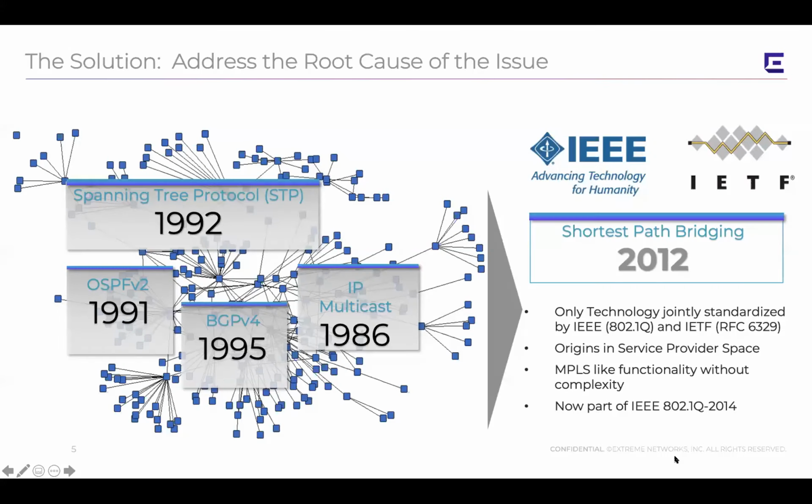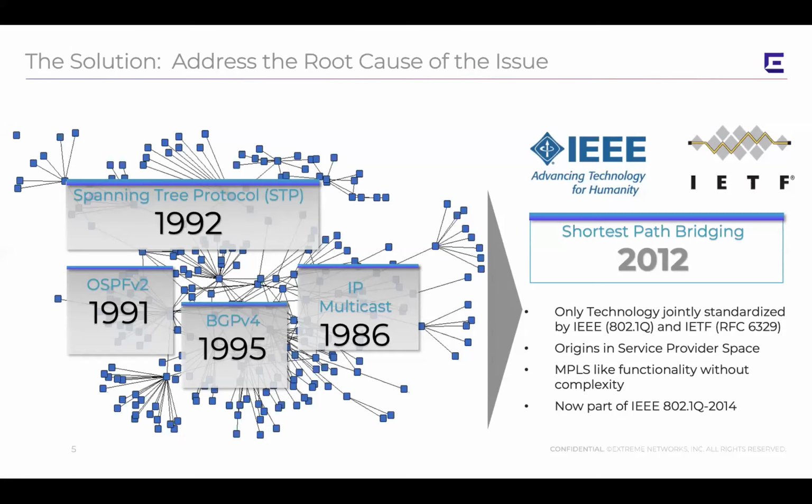For those of you attending this session that are not familiar with Extreme Fabric Connect, I will give you a brief overview of the solution. Fabric Connect is based on Shortest Path Bridging, which was ratified by IEEE as a standard back in March 2012 and published as the 802.1aq document.